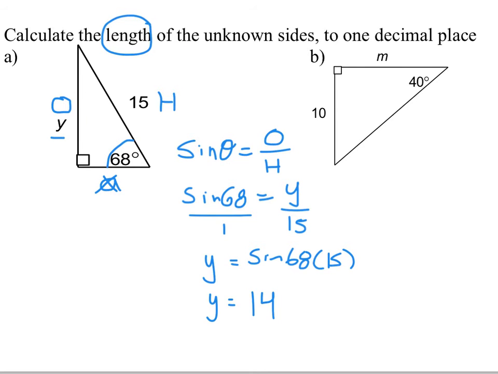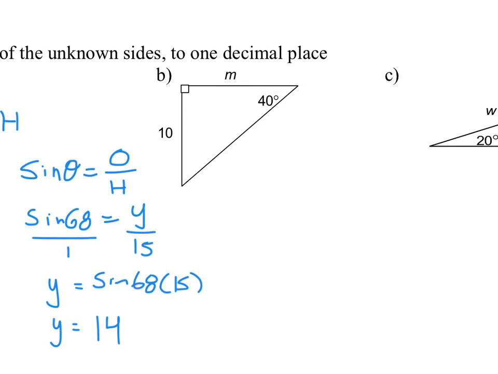Now let's practice another one here of solving for side lengths. You find your angle, you label your triangle based off that angle, O, we'll put in our H and our A, then we'll eliminate a letter. In this case we're eliminating H, it's useless, doesn't provide me with any information, I don't need it. I have the O and I need the A. Then you'll look at your formulas, which one has O and A, which is tan.